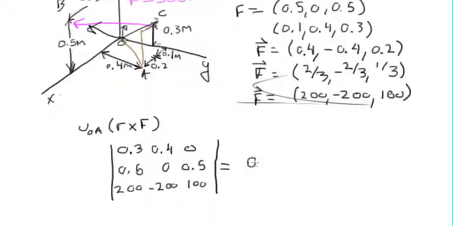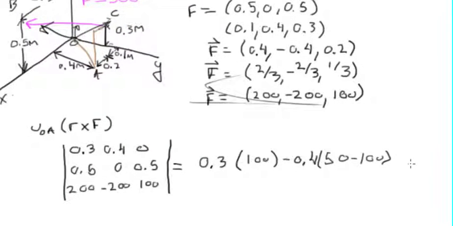So that is going to be 0.3 times 0 times 100 is 0, minus a minus 200 times 0.5, so you get a plus 100, plus, or rather minus 0.4, because this term, when you're taking the determinant, is minus, times 0.5 times 100, or 50, minus 0.5 times 100, which is minus 100.